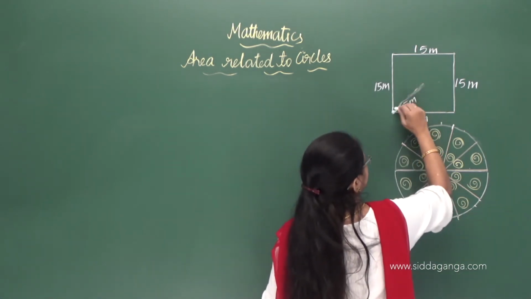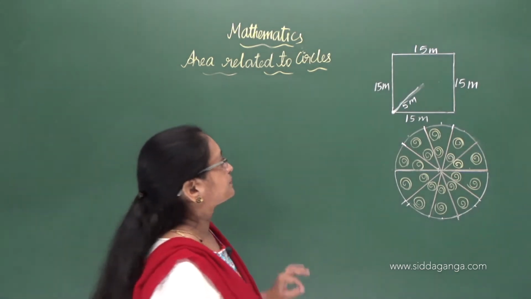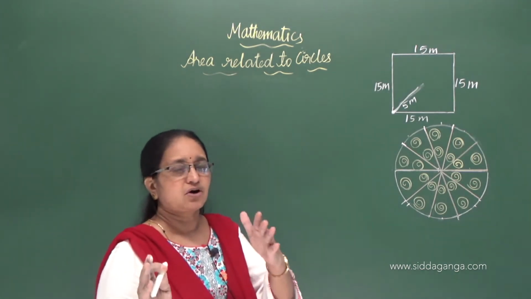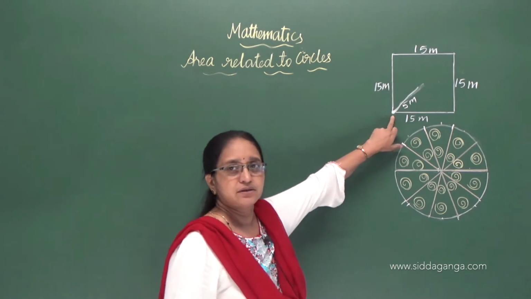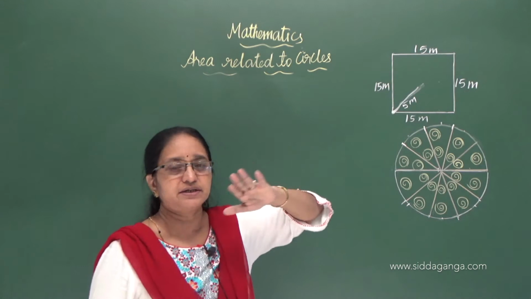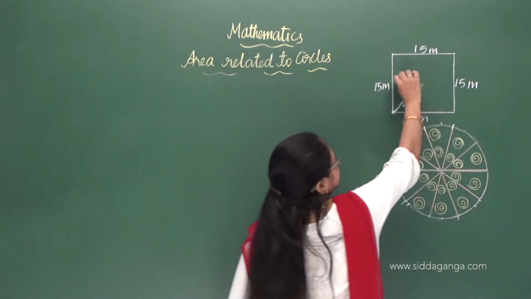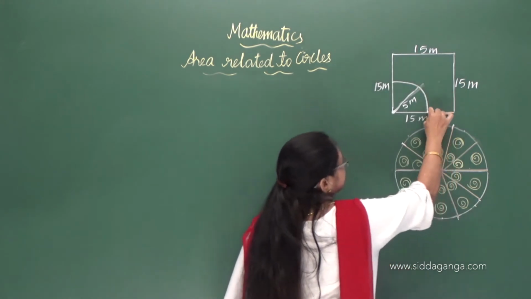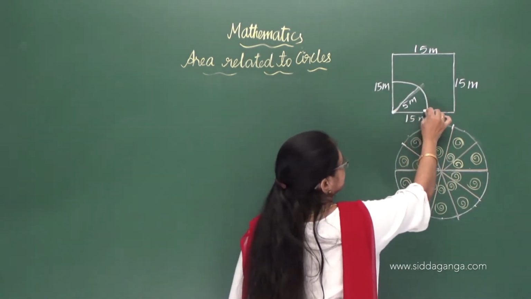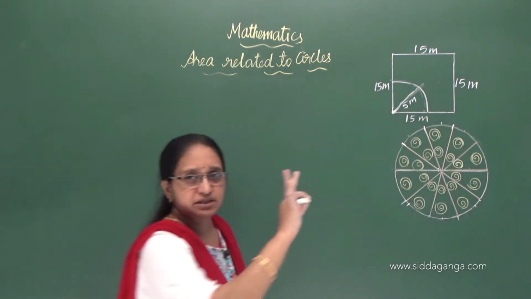Then we will take it as straight. So, 5 meter long rope means, imagine the horse is tied at this corner and the length of the rope with which it is tied is 5 meter. So it can graze only this much part, correct? See here 5 meter, so 5 meter like this. It is a rough figure, okay.